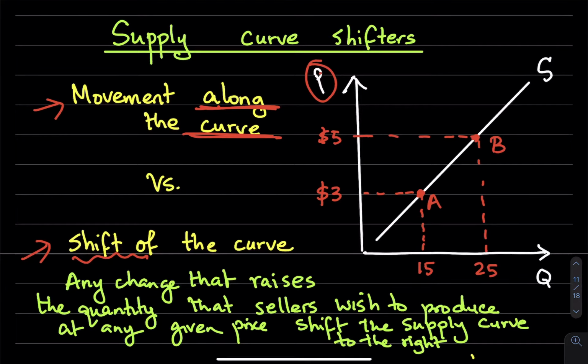Similarly, any change that lowers the quantity that sellers wish to produce at any given price would shift the supply curve to the left.